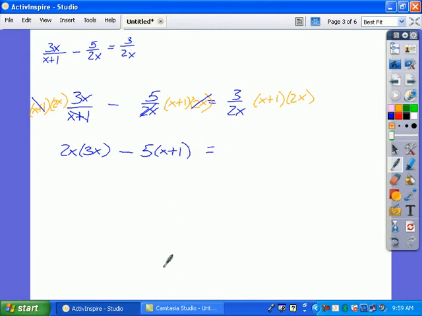And in this case, the 2x's cancel, and it leaves us 3 and x plus 1. And so what should happen is we should take our rational equation, and it should be transformed into, in this case, a quadratic equation. So 2x times 3x is 6x squared, minus 5x minus 5, make sure we distribute correctly, equals 3x plus 3.